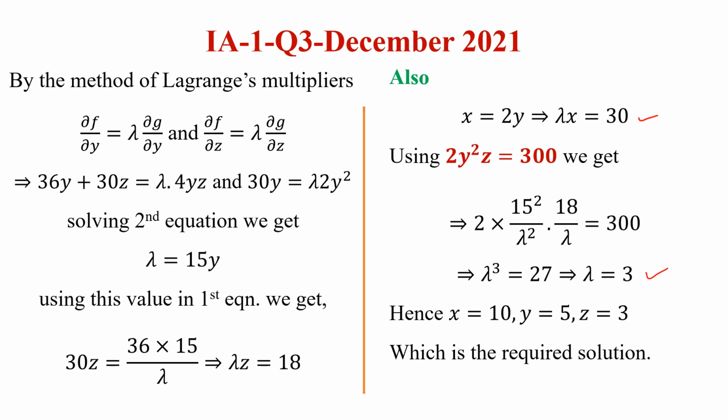By applying relations 1, 2 and 3, we get the desired dimensions: x is equal to 10, y is equal to 5 and z is equal to 3. So this is your desired solution, the required solution of the given question. I hope it is clear. From the solution you can match what you have solved in the examination.